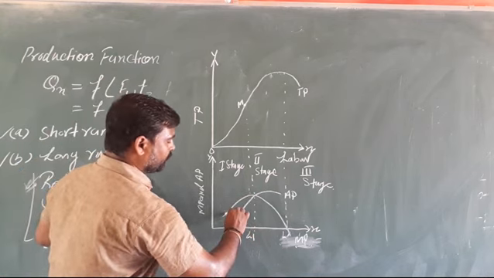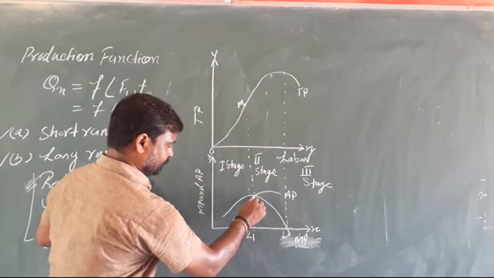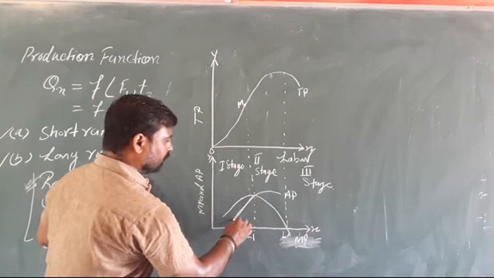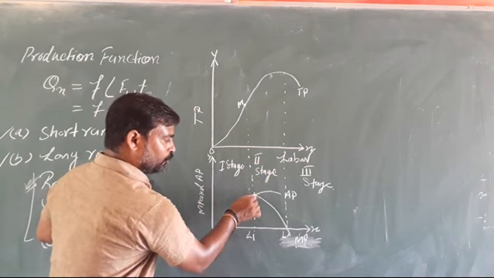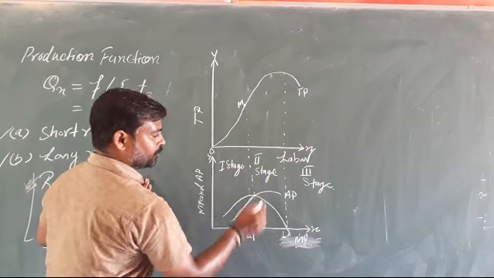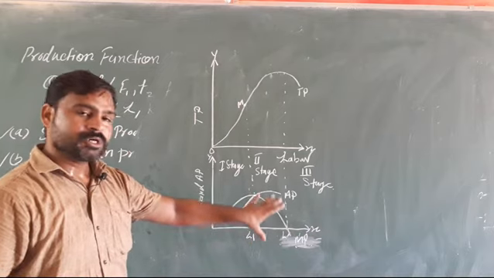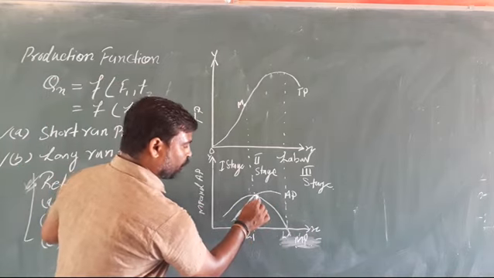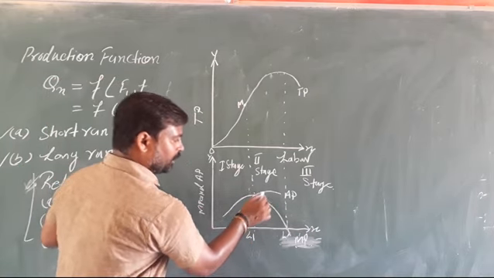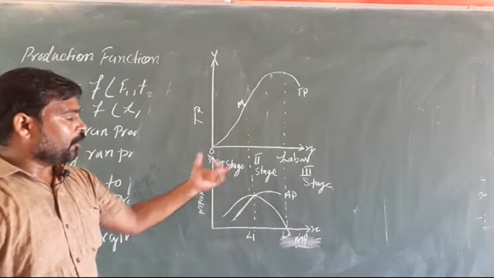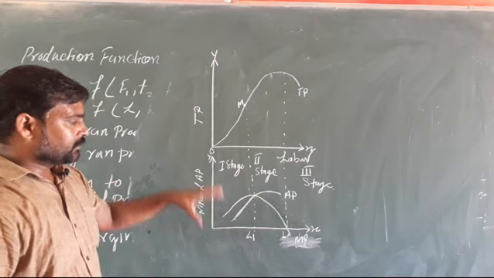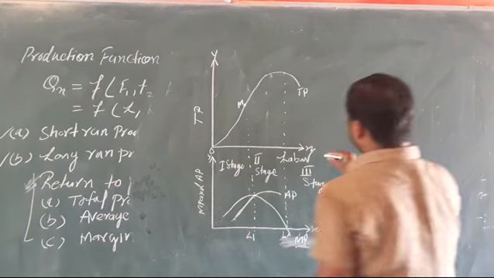When the marginal product is more than average product, the average product is increasing. When the average product becomes equal to marginal product, average product becomes constant. When the marginal product is less than average product, it starts decreasing. In all the three stages, we can name each stage.